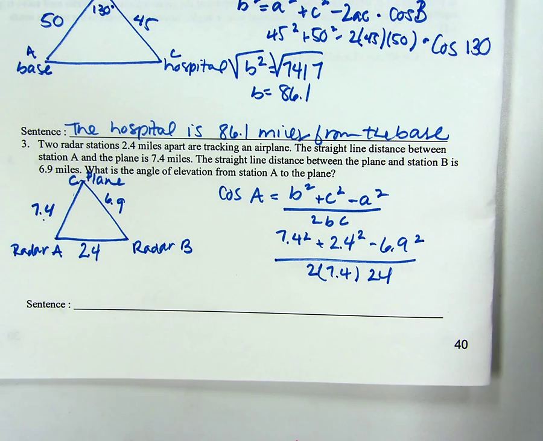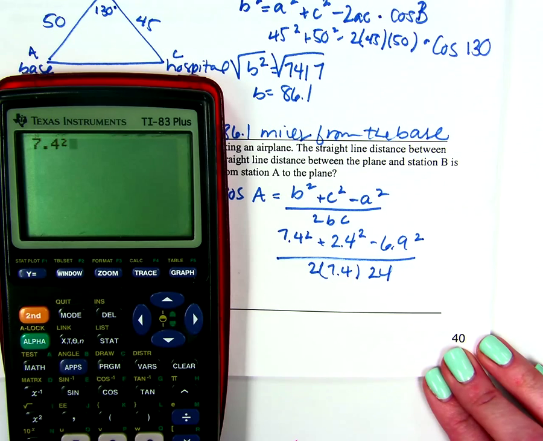So we'll do 7.4 squared plus 2.4 squared minus 6.9 squared.